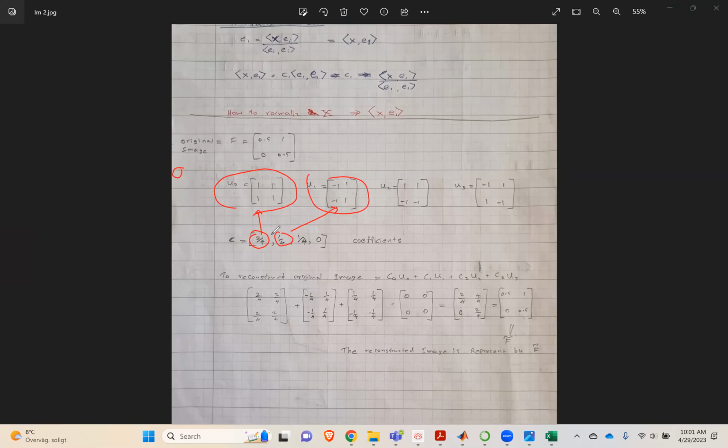You can see the values: when you multiply with this, you get 2 by 4, 2 by 4, 2 by 4, and for this one, minus 1 by 4, 1 by 4, minus 1 by 4, 1 by 4. The third value gets multiplied with this basis, and this with this. When you add them together, you recreate your original image. That's why they put this f hat, because it's a recreation. It's not the original one. We just recreated it.